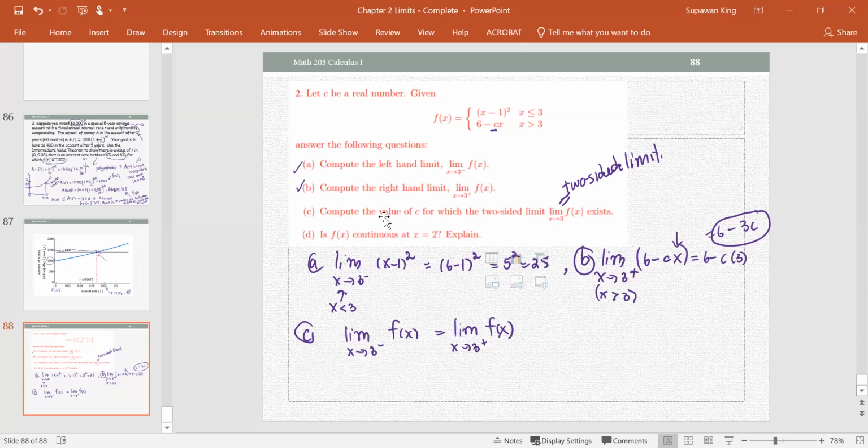From part A, we have the left-sided limit, which is 25. From part B, we got the expression for the right-sided limit, which is 6 minus 3c. Now we're going to solve for c. Subtract 6 from both sides to get 19 equals negative 3 times c, or c equals negative 19 over 3.